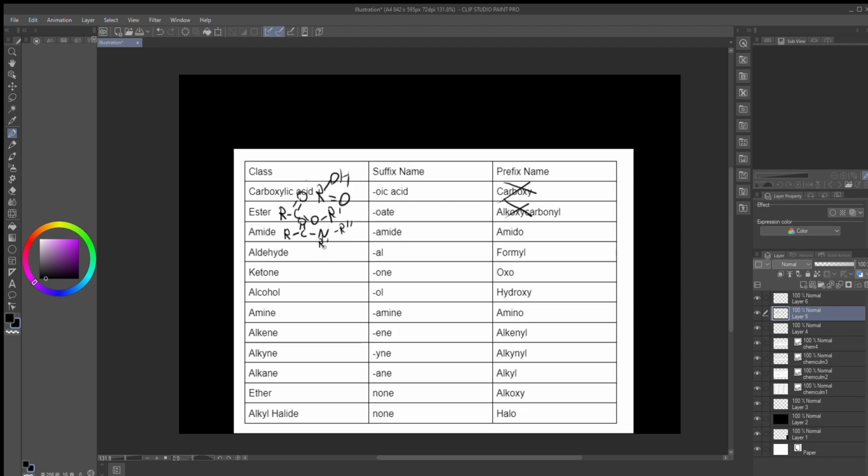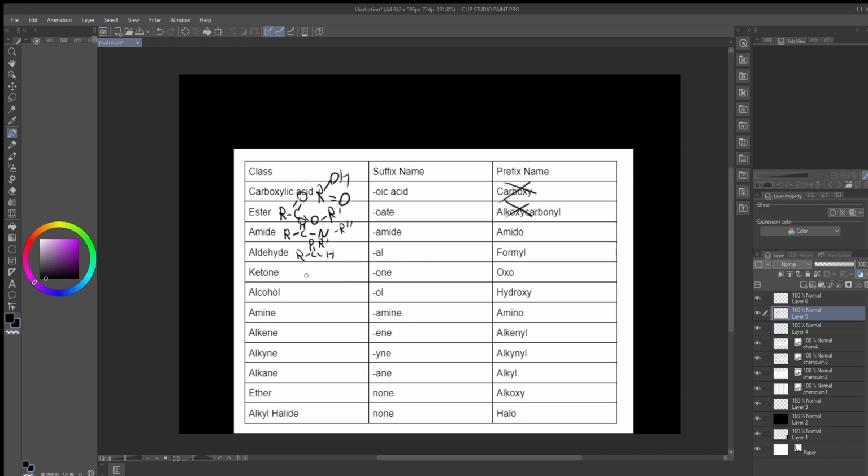And next, we'll be going over aldehydes. Aldehydes have a carbon main chain, and then a carbon double bonded to an oxygen, which is then single bonded to a hydrogen, and that is an aldehyde. You can see that the aldehyde and carboxylic acids are pretty similar, except instead of OH, it's just an H. Suffix will be -al, prefix will be formyl.